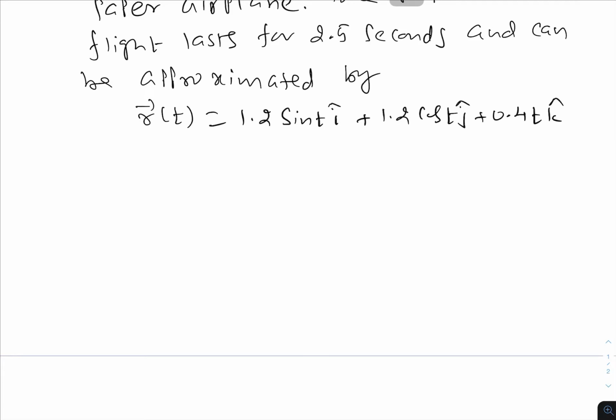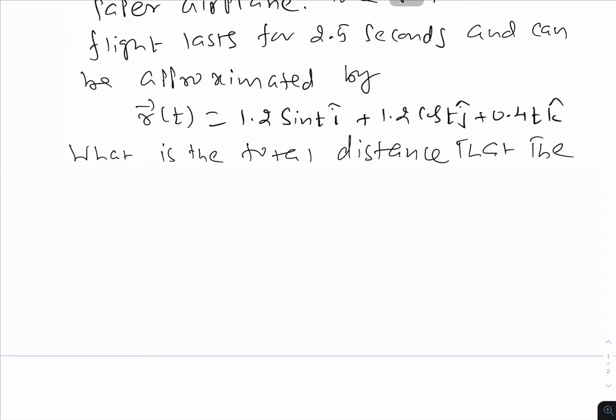The question is, what is the total distance that the airplane travels, and consider the units in feet.